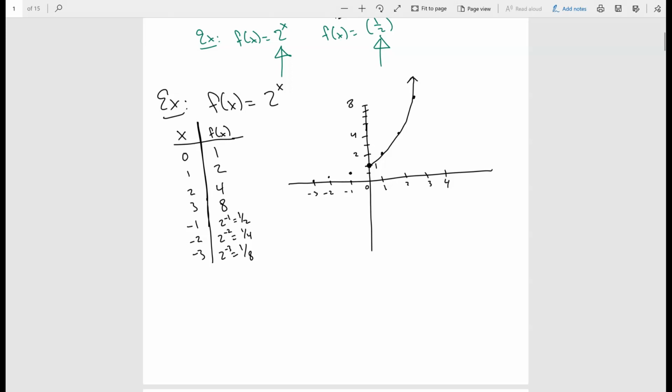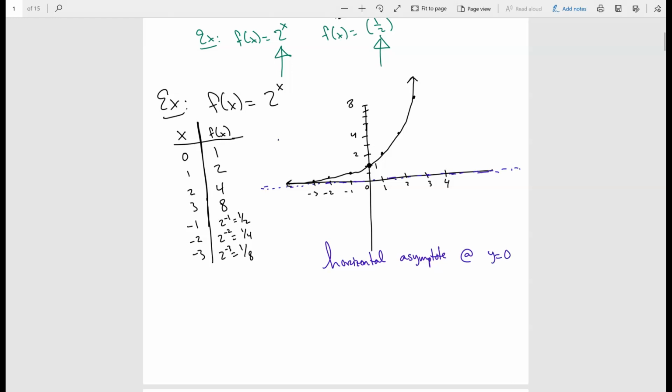Notice that this is getting smaller and smaller, but it's never going to reach 0, which means there's a horizontal asymptote, which is basically what we were talking about. So you have a horizontal asymptote at y = 0.